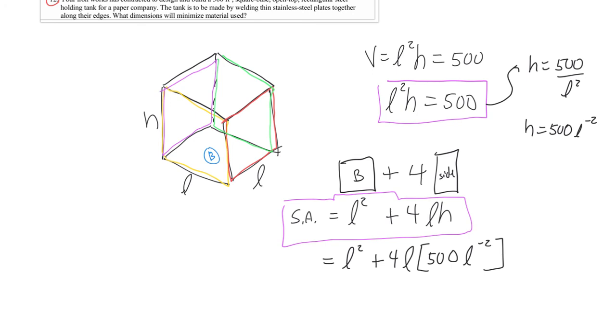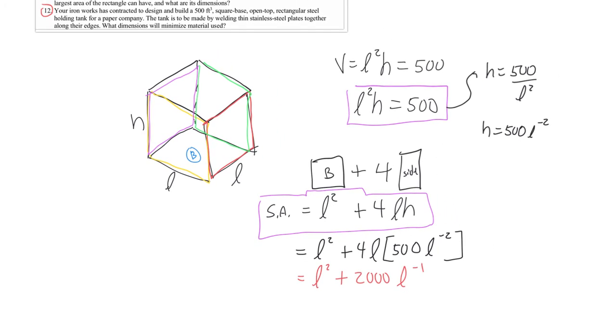Before proceeding, we could multiply 4 times 500. I believe that's going to give us 2,000. And then L to the positive 1 times L to the negative 2 is going to be L to the negative 1. So that's going to be L squared plus, again, 2,000 L to the negative 1. And at that point, we are ready to do the derivative.